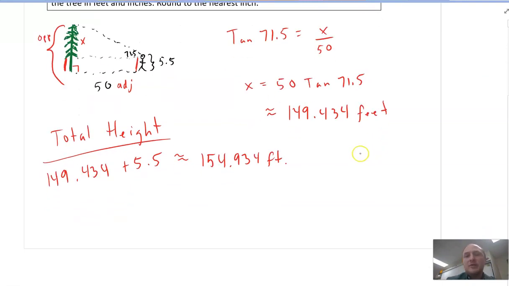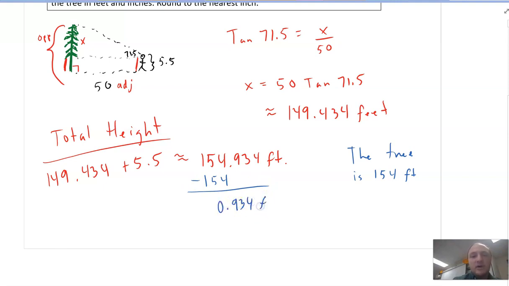I can say the tree is for sure 154 feet tall. But I need to calculate how many inches is 0.934. So this is feet. I want inches, so I'll convert, 12 inches in a foot. And this gives us approximately 11 inches. So 154 feet and 11 inches.